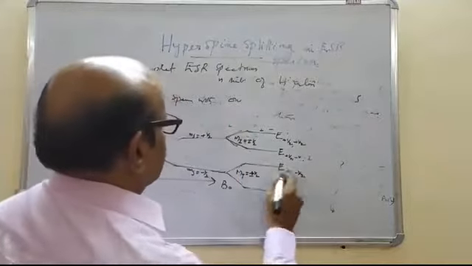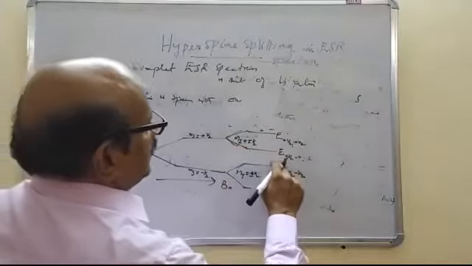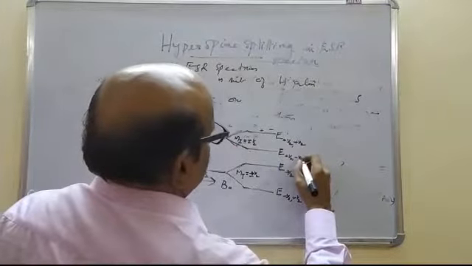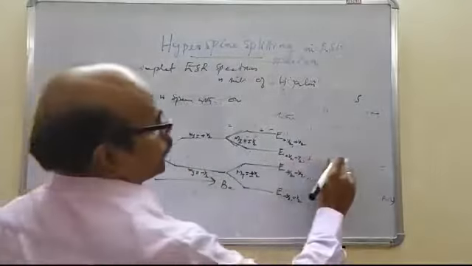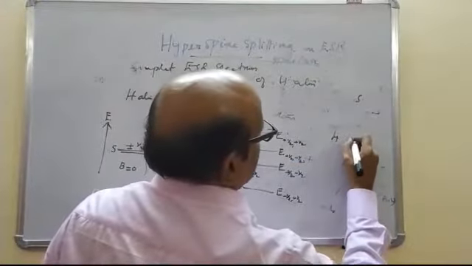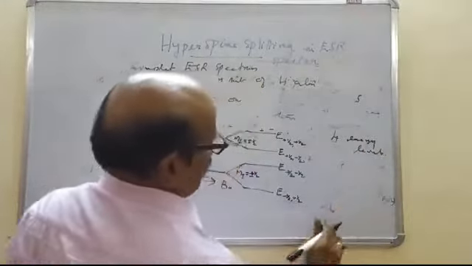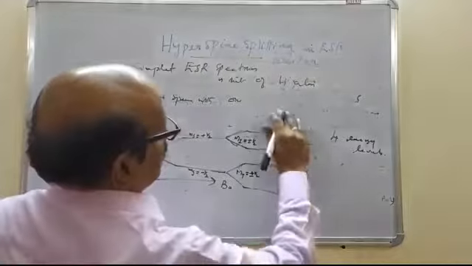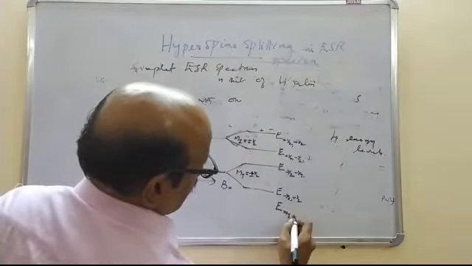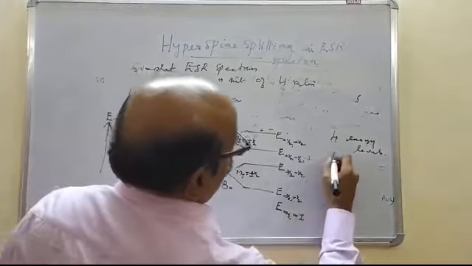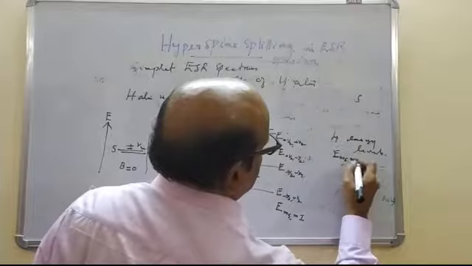Similarly, Ms equal to plus half interacts with Mi plus or minus half to give E plus half, minus half and E plus half, plus half. So there are four energy levels due to the hyperfine splitting. That is, the levels are E, Ms, Mi.